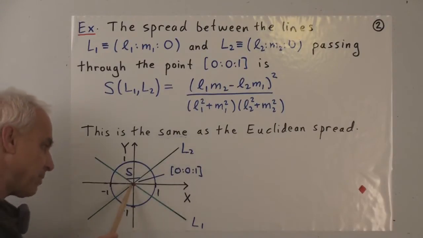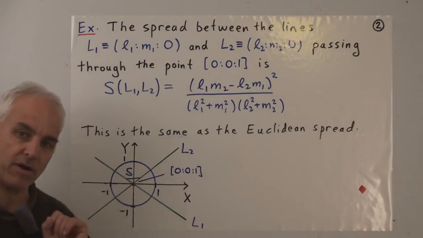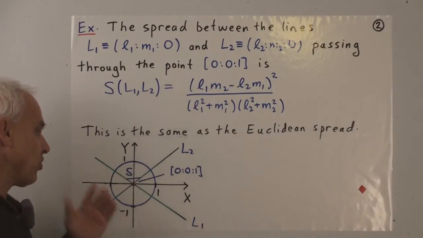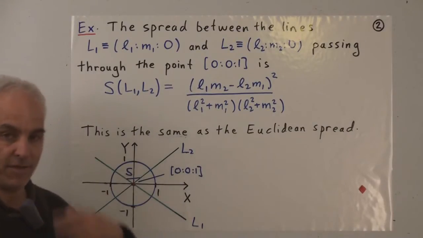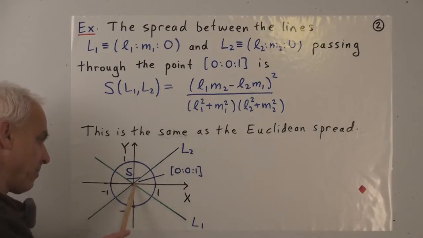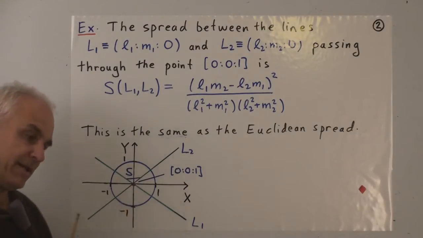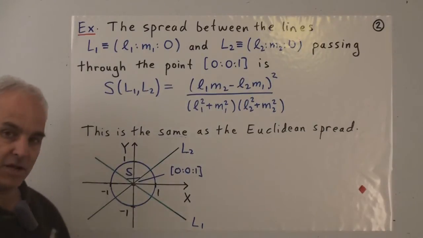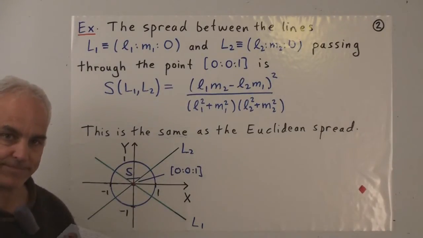So at least for this particular point, the center of our null circle, the Euclidean notion of spread and the hyperbolic notion of spread do agree. That's not true if we move our point elsewhere, but at least it does show you that in that particular case, the two notions of spread are the same.